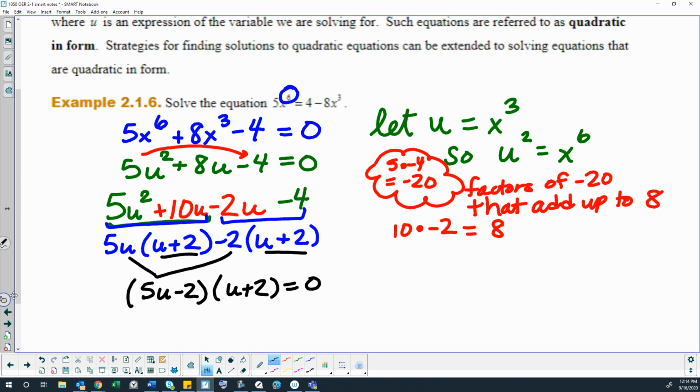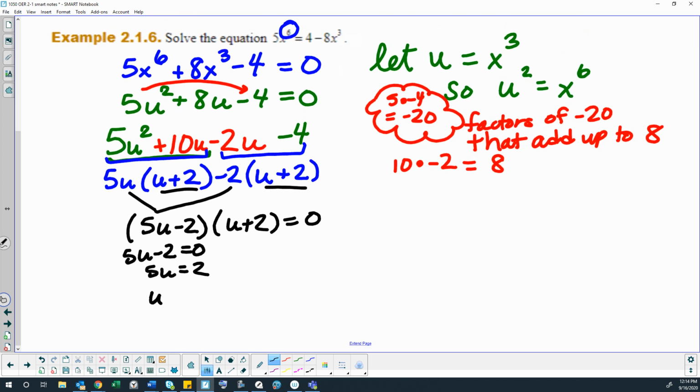Now that we have it factored, it shouldn't be too hard, right? We're just going to take each of our factors and set them equal to 0. So 5u equals 2, and then u equals 2/5. And then u plus 2 equals 0, so u would equal negative 2. Now, what's our goal here? Are we trying to solve for u?